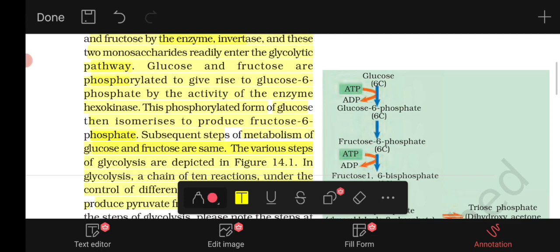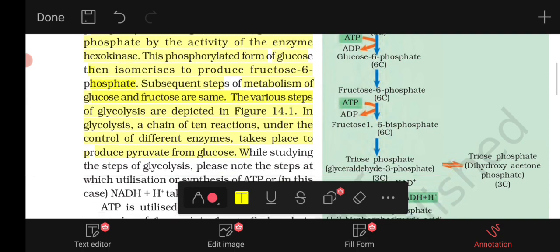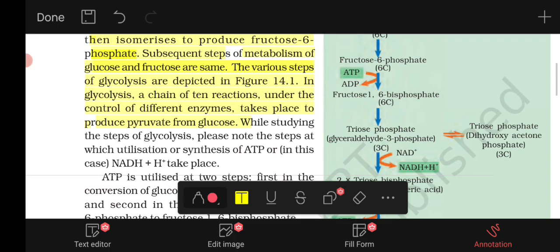Then fructose 6-phosphate to fructose 1,6 bisphosphate, that is 2 molecules of phosphate are there. So one more ATP is utilized here, by the enzyme phosphofructokinase. The first step was by hexokinase, the third step by phosphofructokinase.